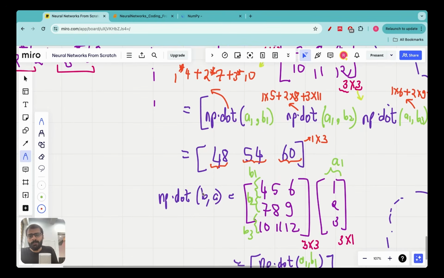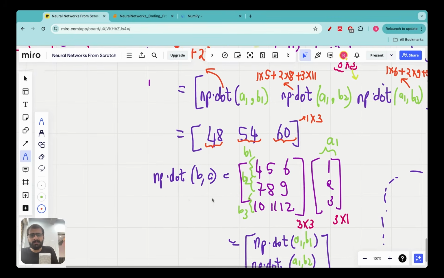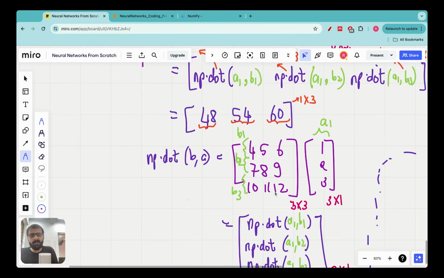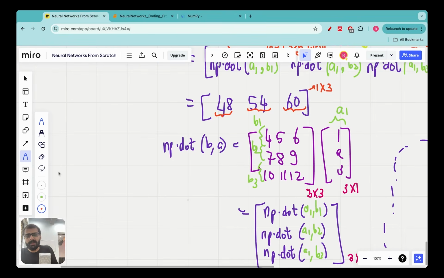So first of all, remember that Python treats these as matrix multiplications, right? So when you do this, first the matrix B will be written by Python, and as I have mentioned over here, this is 3 by 3.